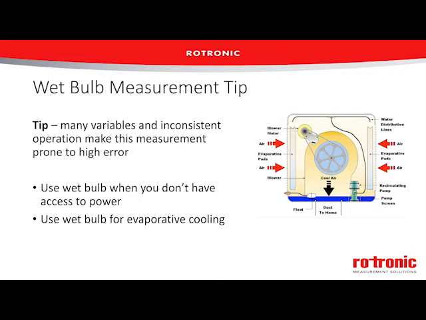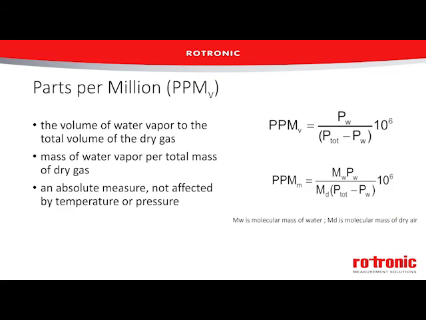And then the other place where it's fairly common is with evaporative coolers. The wet bulb temperature gives us a good indication of how effective that cooler will be. So we'd often use these if we don't have access to power or if we want to see that cooling effect. And Bruce, I'll pass it back over to you for parts per million.